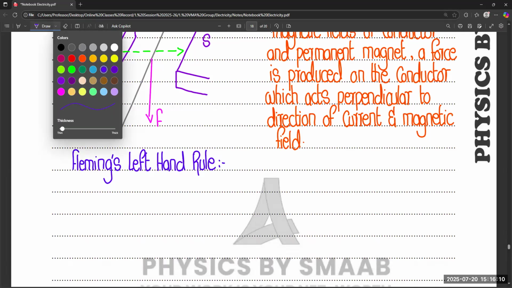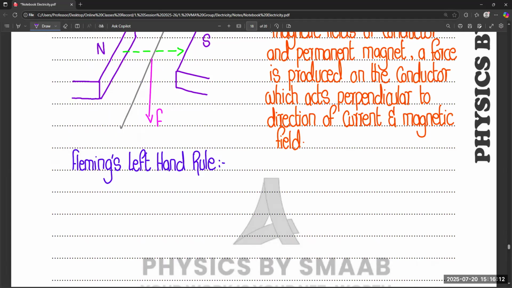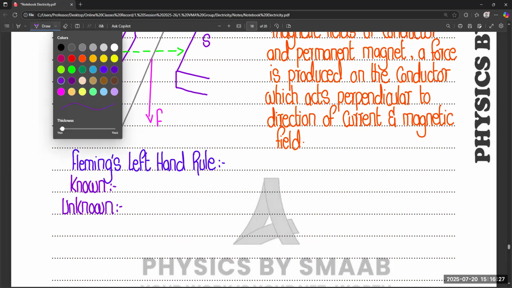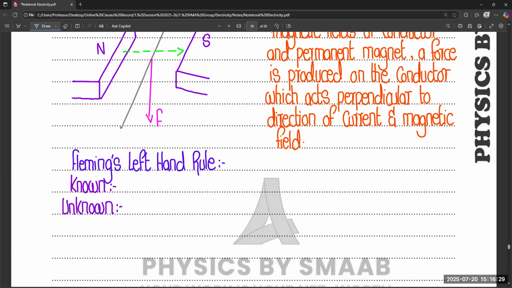So we use Fleming's left hand rule when we have known quantities and an unknown quantity. So let's suppose you already know about the magnetic field and electric current.